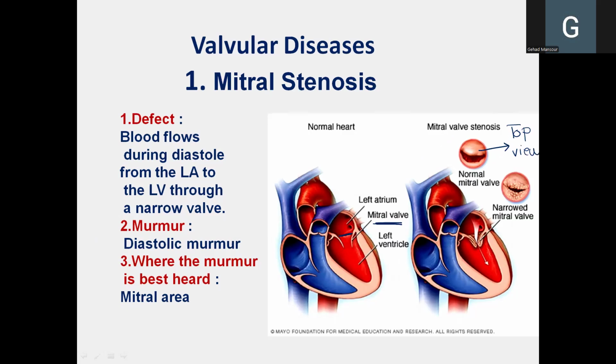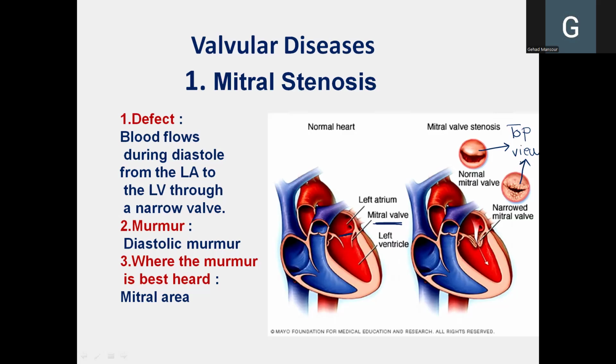But when we have a narrowed mitral valve, and this is again the top view, it's clear that the opening of the mitral valve is much smaller than the opening in the normal condition. This is what we call mitral stenosis.